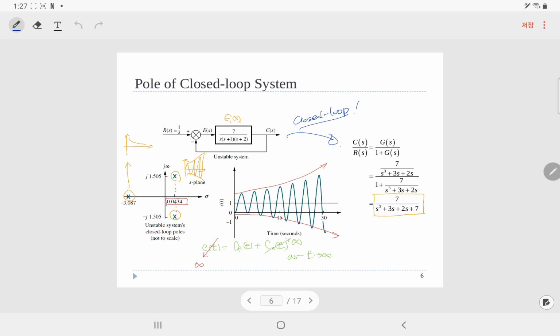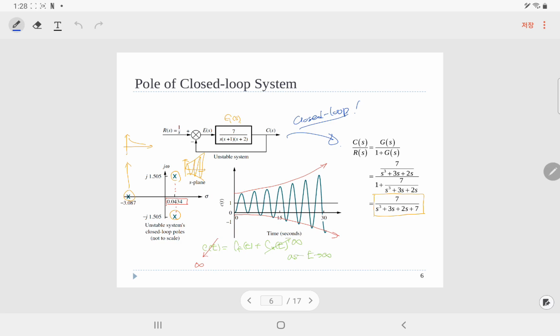Of course, in that case computer software such as MATLAB can be used to determine the stability by calculating the root locations of the closed loop transfer function.